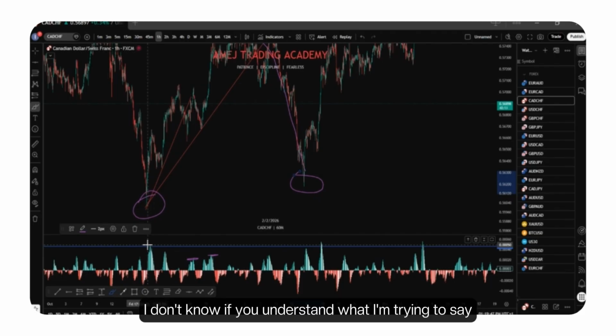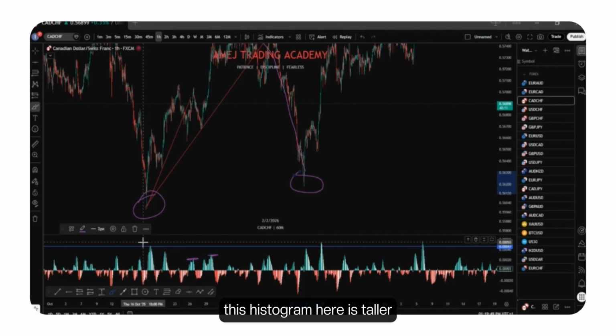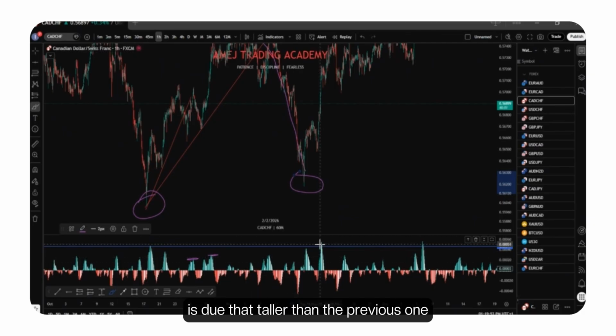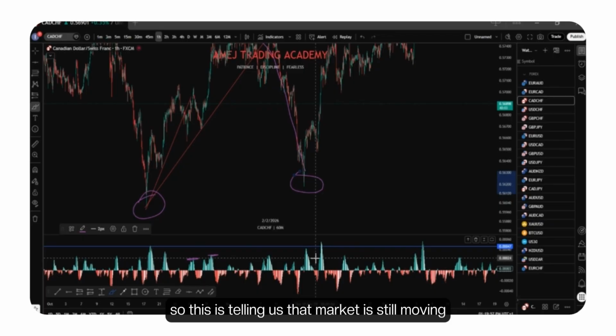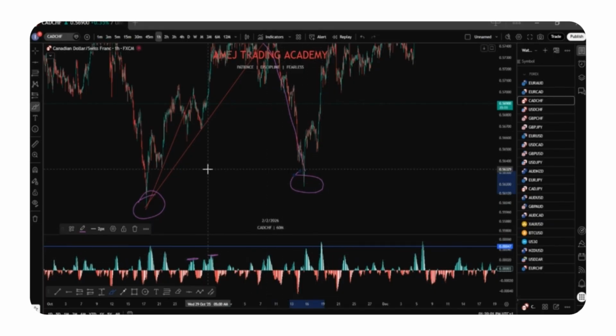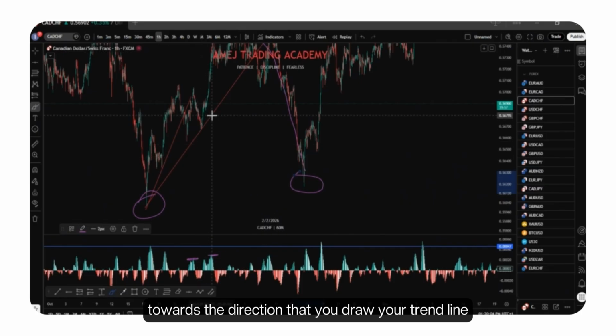I don't know if you understand what I'm trying to say. This histogram here is built taller than the previous one. So this is telling us that the market is still moving towards the direction that you drew your trend line.